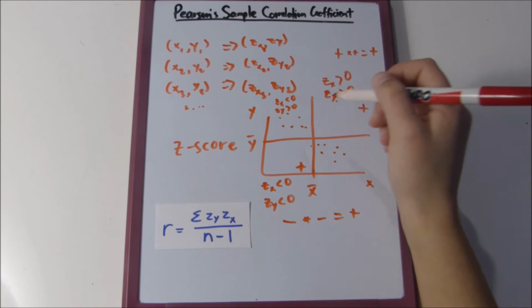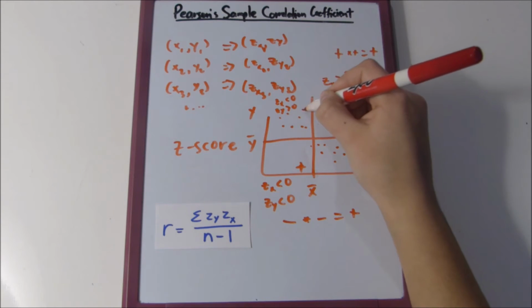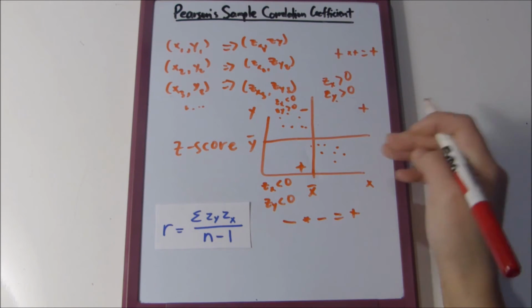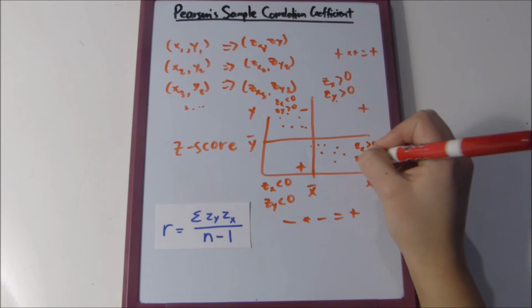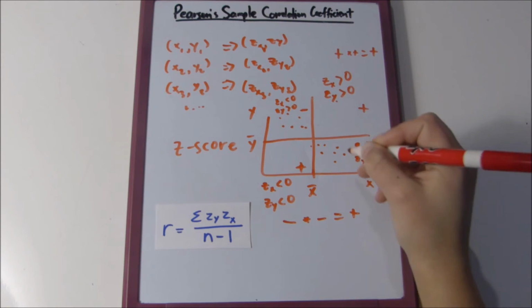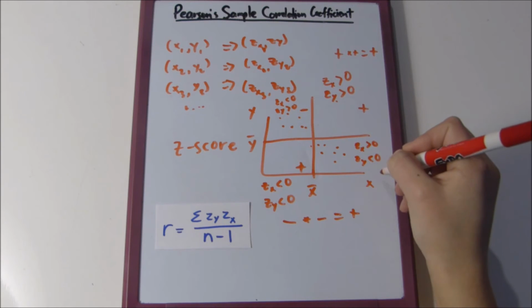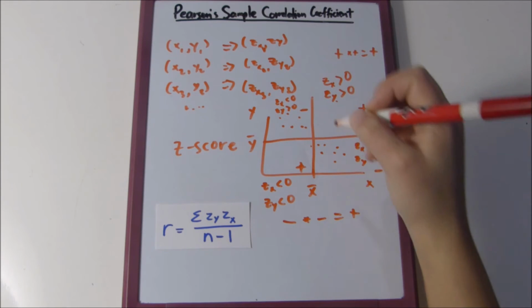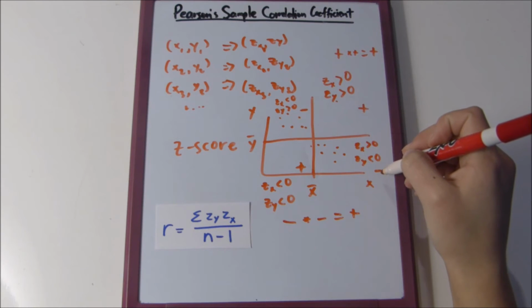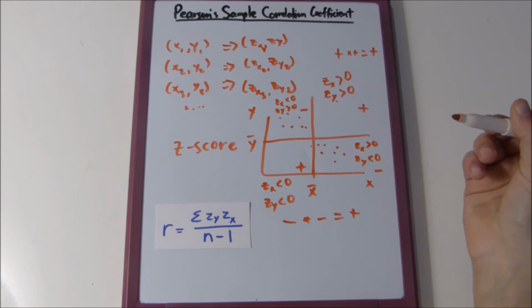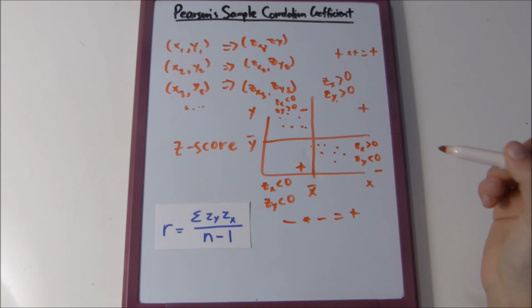And a negative times a positive is a negative, so we end up with a negative here. And then the same thing over here. Our z-score for our x is going to be greater than 0, our z-score for our y is going to be less than 0. Negative times a positive is a negative, right? And then what we have is a negative and a negative added up and then divided by n minus 1, so we're going to end up with some negative number.